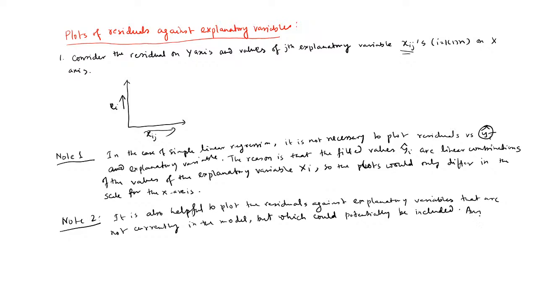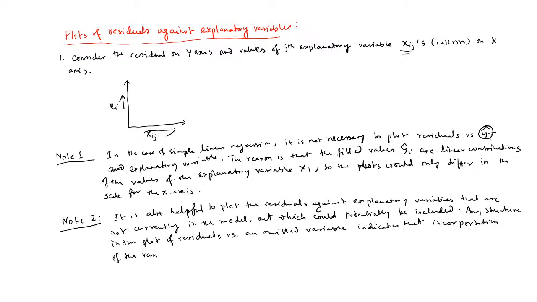Any structure in the plot of residual versus an omitted variable indicates that incorporation of the variable would improve the model.